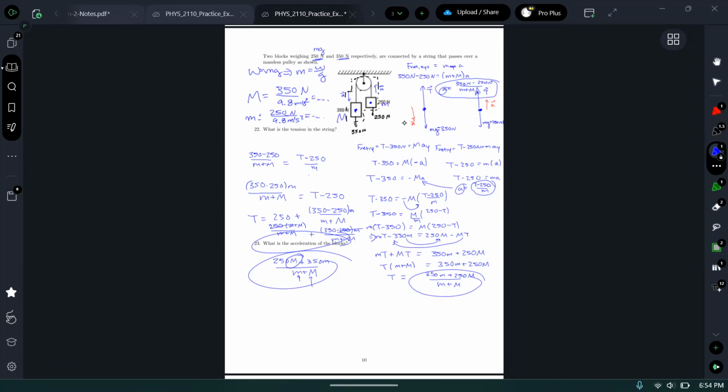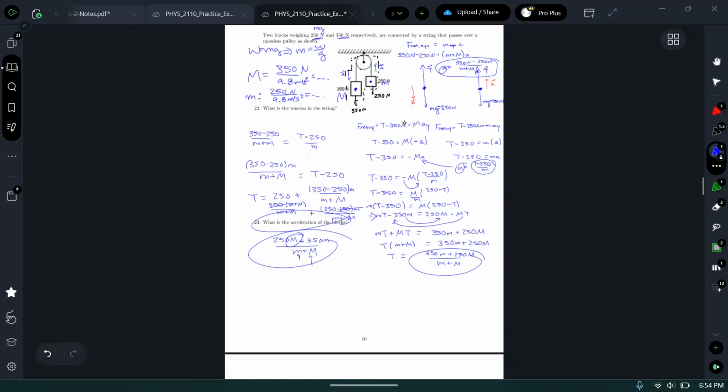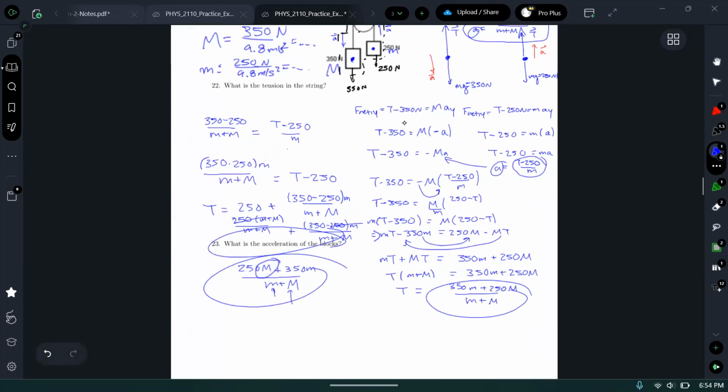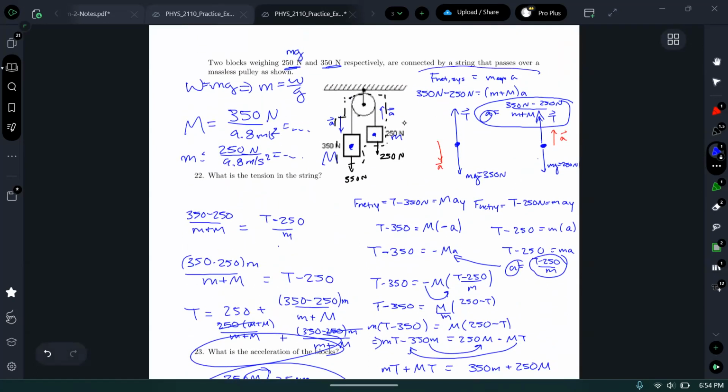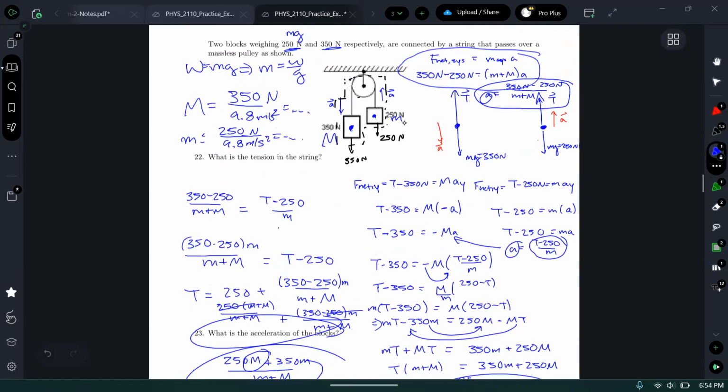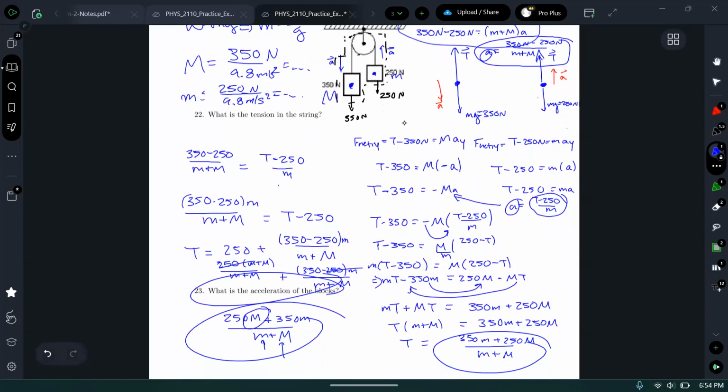Don't mind me and all my algebra. The problem really is setting up this equation if you're looking at the system of both blocks, or setting up these equations if you're looking at the two individual blocks. Everything else besides that is algebra.